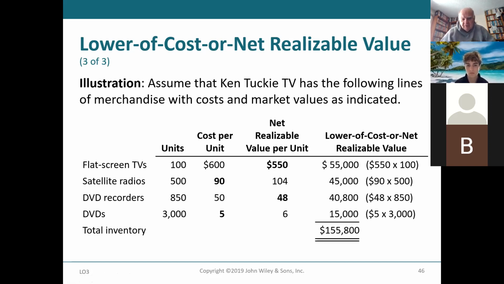So we have to recognize a loss of $2 times 850. In other words, it would be 850 times 48. And over here, the lower is the 48. So lower of cost or market is pretty easy once you understand what we're trying to do, which is pick the lower number to cost out your inventory. And there's going to be a difference that is going to result in a loss, okay?